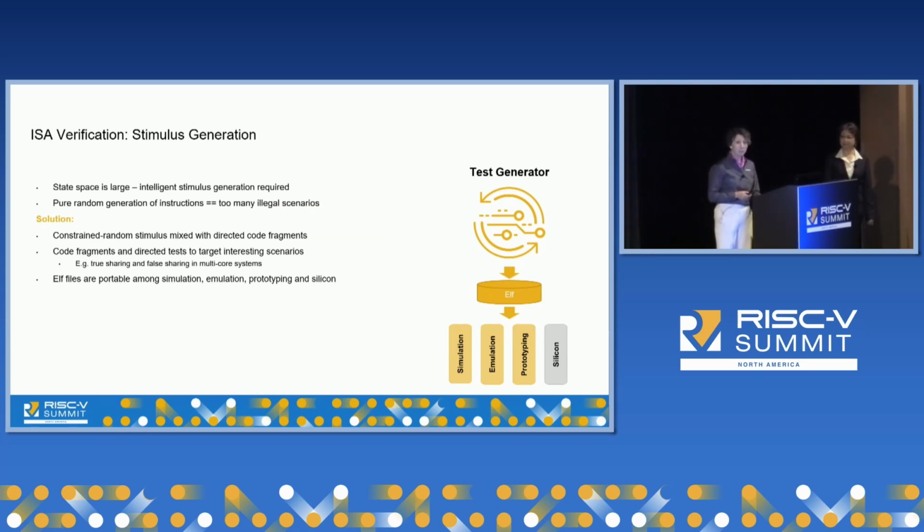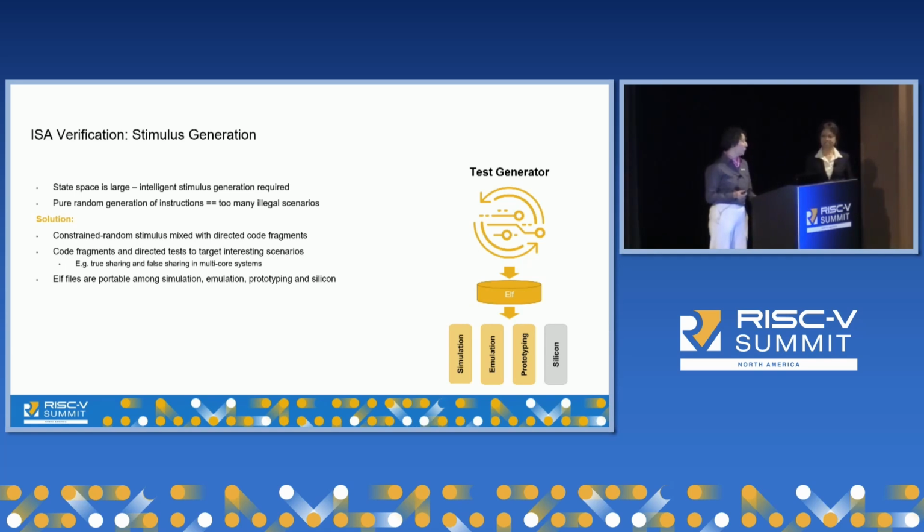When it comes to stimulus generation, there are several options available. For example, there are architectural compliance test suites available from RISC-V International and other sources. But achieving architectural compliance doesn't mean that your implementation is free of bugs. The verification state space for a processor is very large, and so an intelligent approach to stimulus generation is needed.